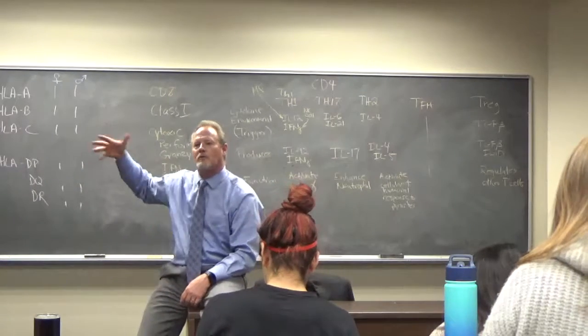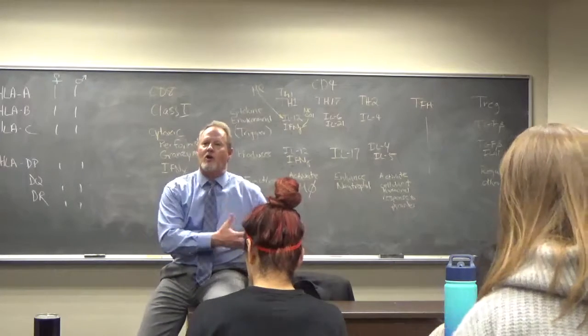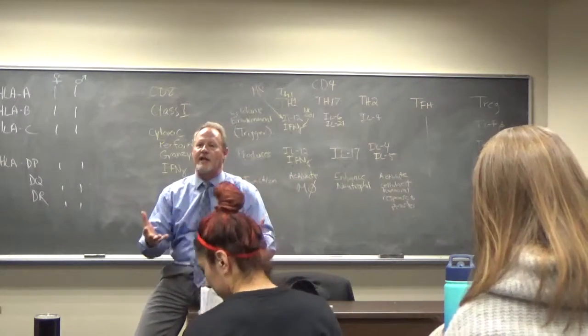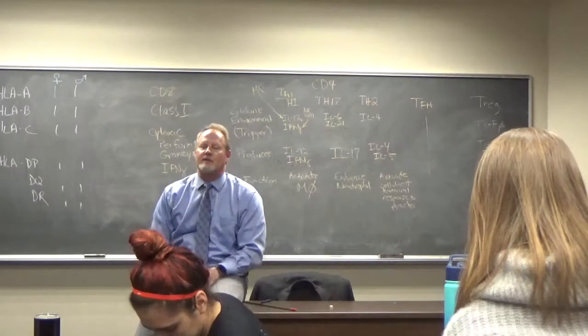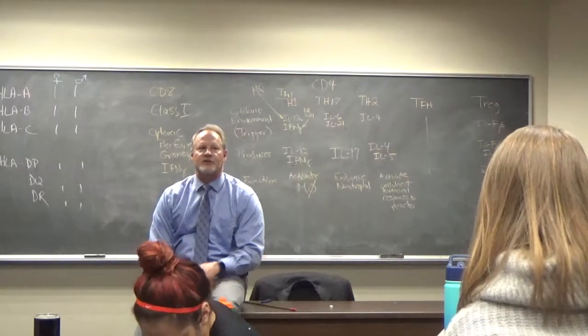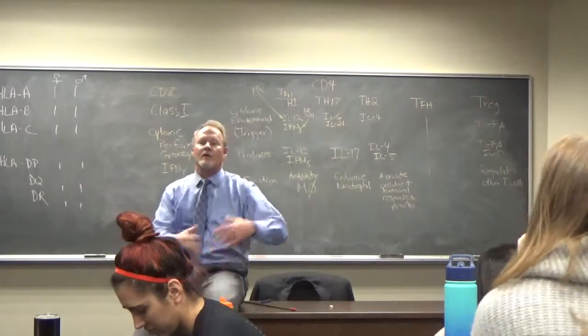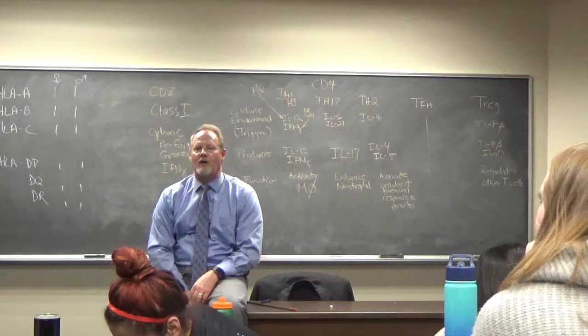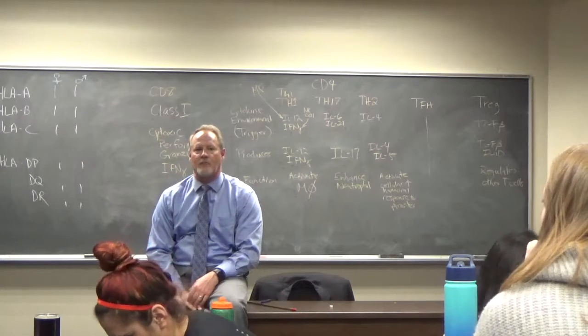There's another whole section of genes that are non-classical MHC genes. They're like MHC, but they don't do the same types of things, and we don't care about them. We really don't. They're so minor in what they do. These are significant in what they do. The non-classical are, in some cases, actually called minor histocompatibility complex antigens.